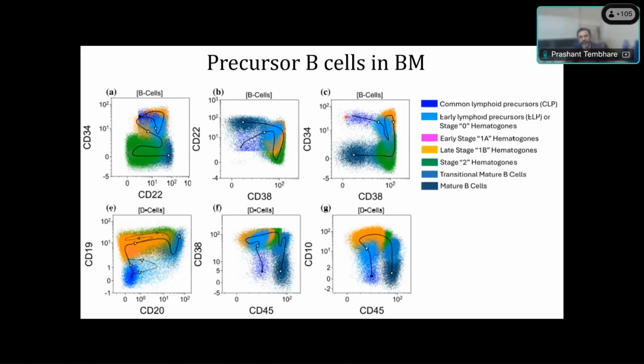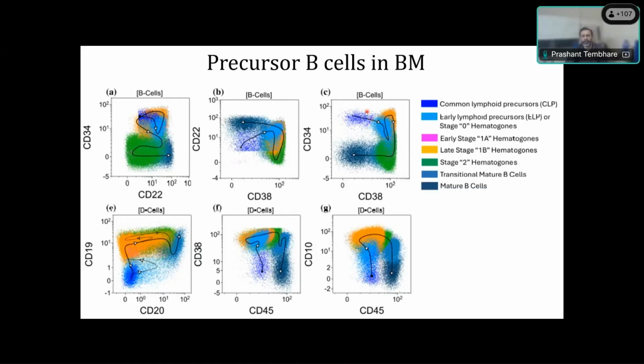So this is the common lymphoid precursor, from which T, NK and B cells develop, indicated by dark blue color. The next stage is stage 0 hematogones, indicated by this light blue color. This light blue is usually CD19 negative, and CD10 is also dim to negative.